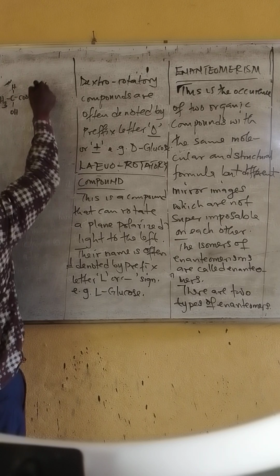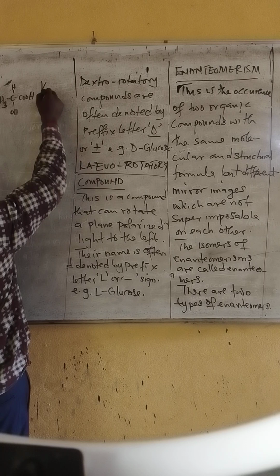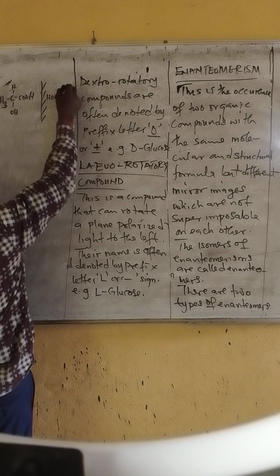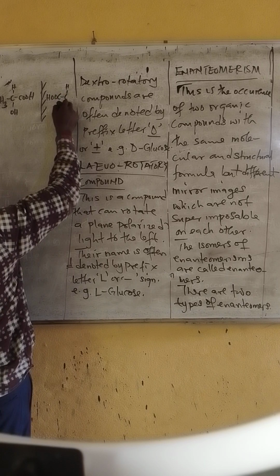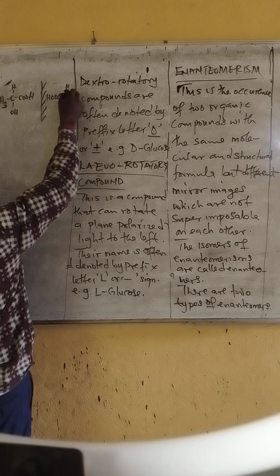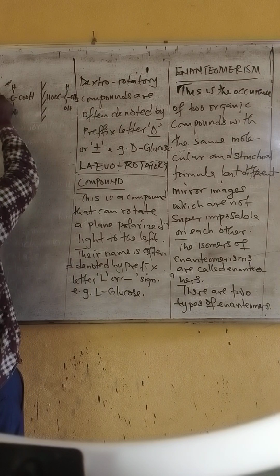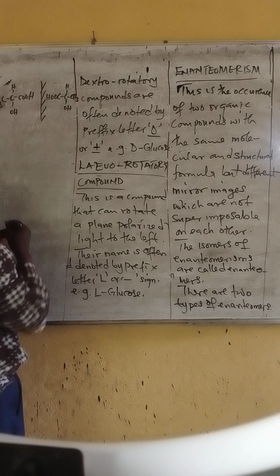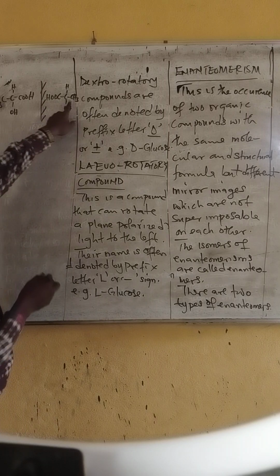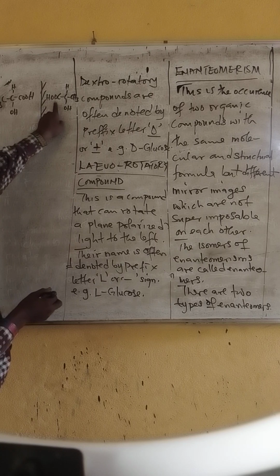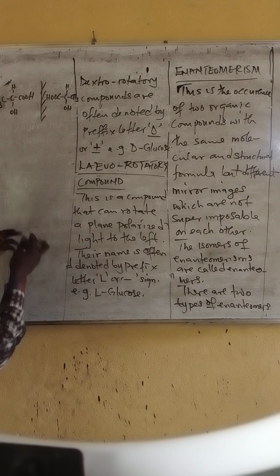If I place a mirror here, this one changes to HOOC, CHOH, now CH3. Now this one becomes H3C. You can see the mirror. Look at the mirror image of this one. This is CH3, but now it's H3C. COOH is now turning to HOOC. So they are not superimposable.